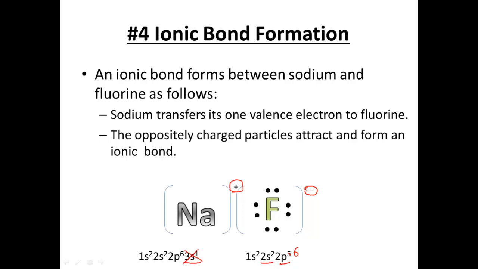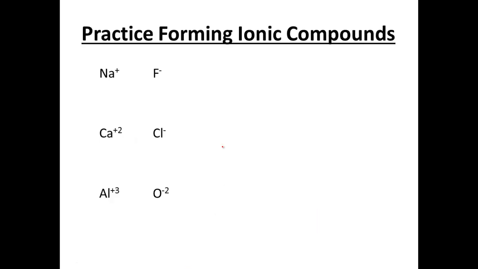That's what we know as an ionic bond: oppositely charged particles chemically combined together. So this example is sodium fluoride, the active ingredient in toothpaste. Now to practice forming some ionic compounds, one of them we just looked at, sodium fluoride, we made that formula NaF.